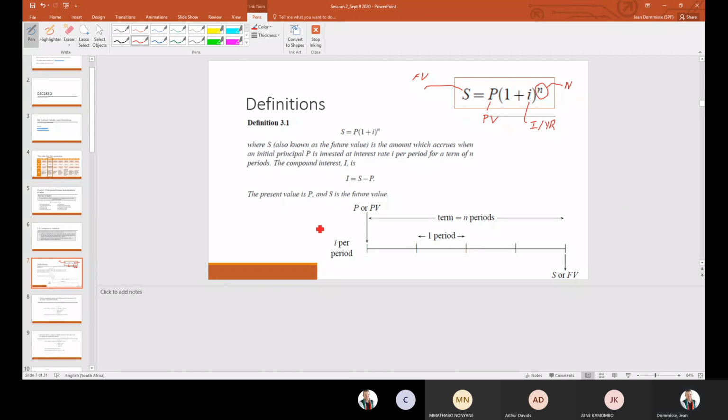Also, I think always important, and that is how I do most of these problems as well, to draw your timeline. Whenever you do these problems, always try to draw a timeline for yourself so that you can see what you need to do.